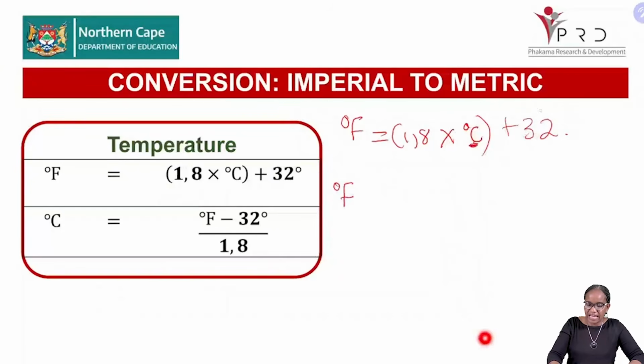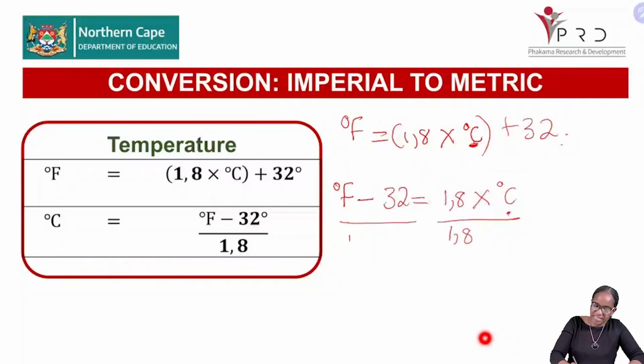So the additive inverse of plus 32 coming this side becomes negative 32, equal to 1.8 times degrees Celsius. Now for us to remain with this, since this is multiplication, we'll look for the inverse of multiplication, which is division. So we are going to divide by 1.8 both sides.